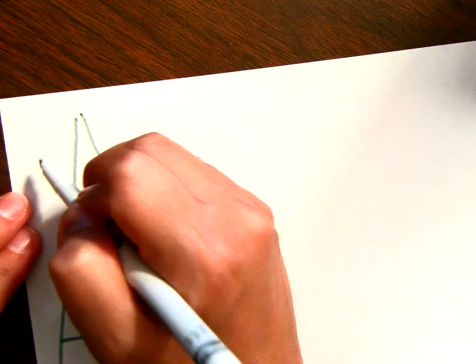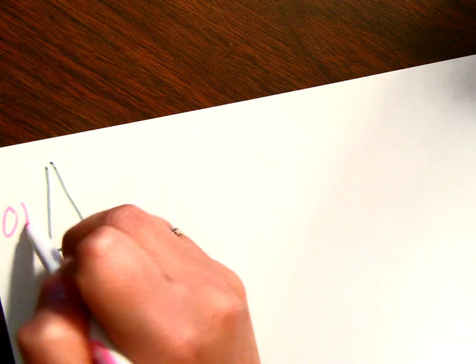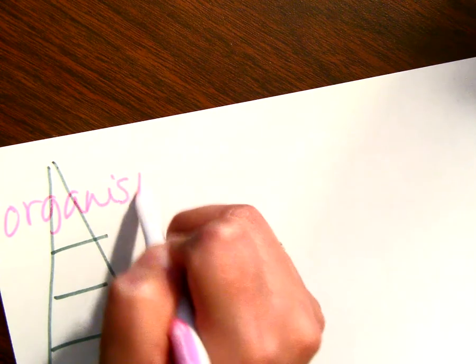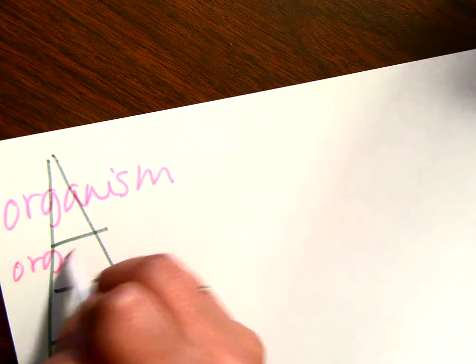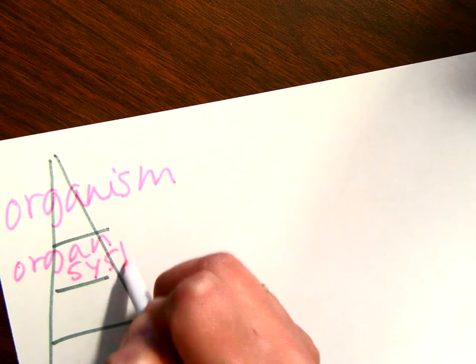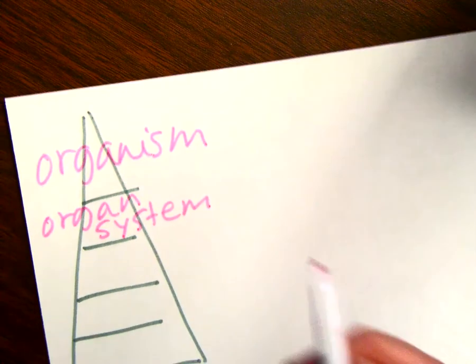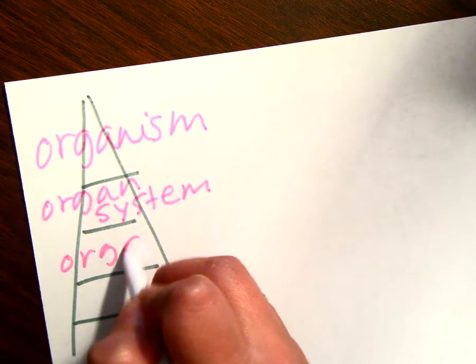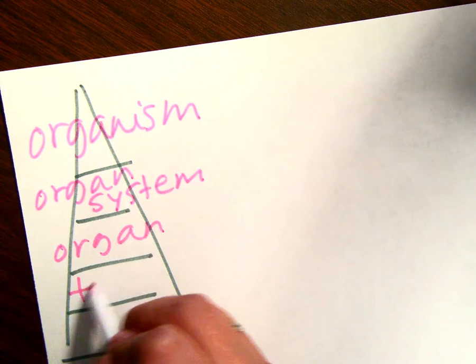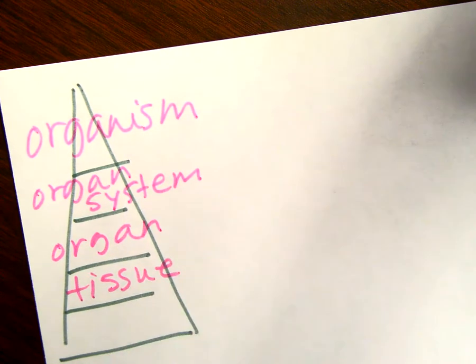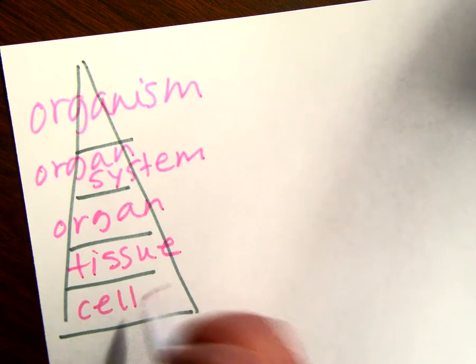We have organism at the top. Organ system. Organs. Tissues. Cell.